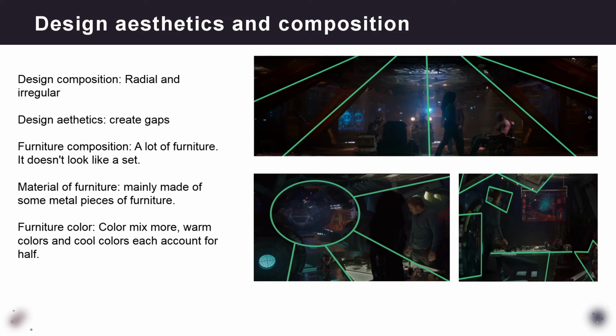The domestic design created many irregular shapes to highlight the irregular life of Star-Lord. In particular, a lot of the furniture is not in complete sets. The main material of the furniture is metal, and the primary color is cool.